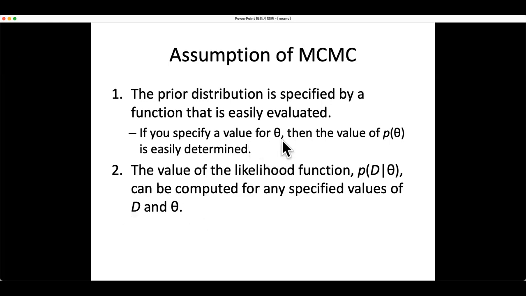So if you specify a value for theta, P of theta can easily be determined. The value of the likelihood function, P of D given theta, can also be computed for any specified value of D and theta. So this is your likelihood function.